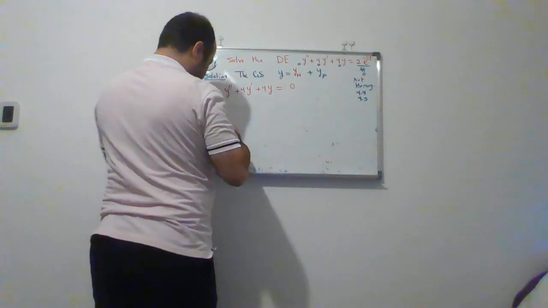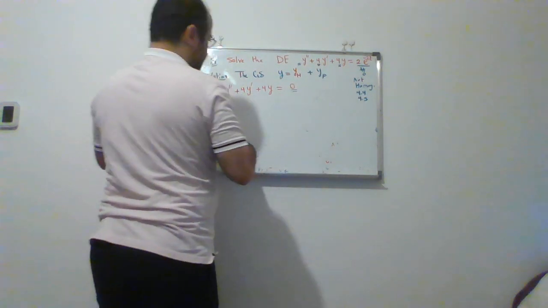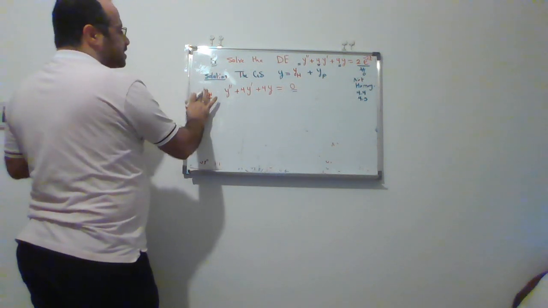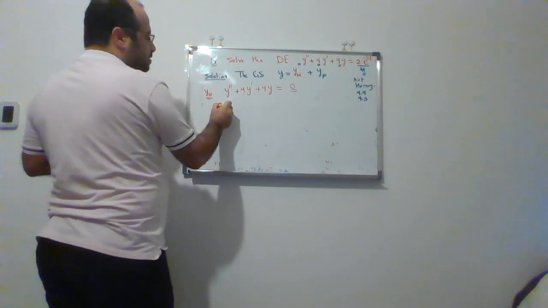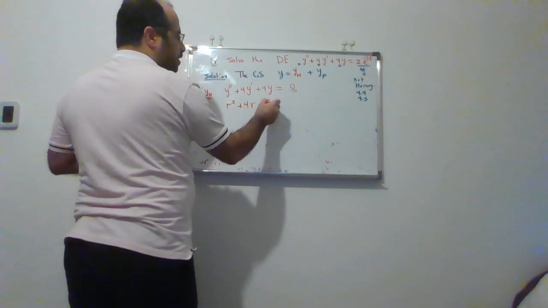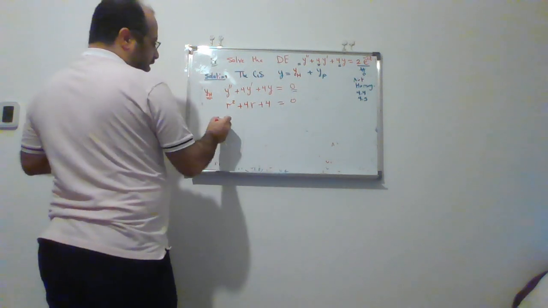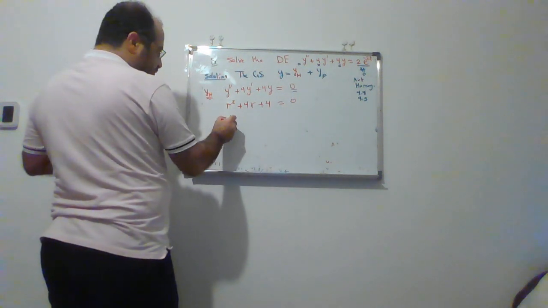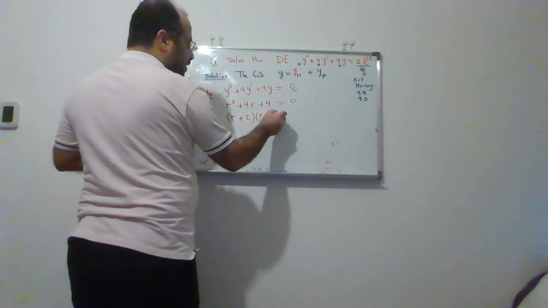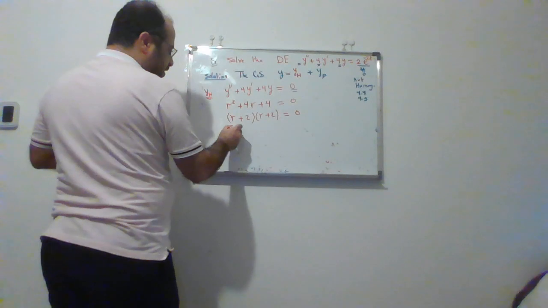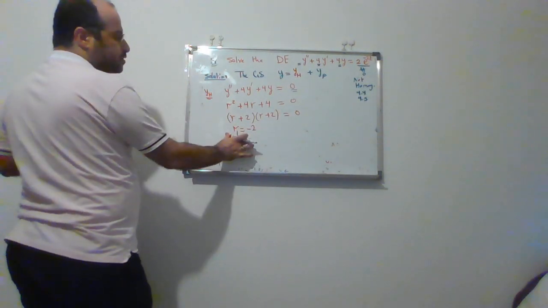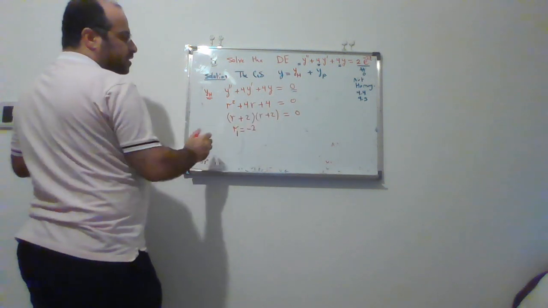So the idea is coming from here. Making this 0, you go with the previous two sections, which say make this r squared, make this 4r, make this 4 equal 0. Solve for r, then you get r plus 2 times r plus 2 equal 0. Then you get r equal to minus 2 as the only solution for this quadratic equation.